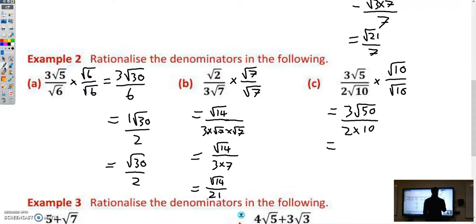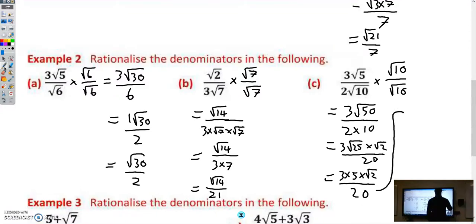We can simplify root 50. Root 50 is 3 times root 25, which is our square factor, times root 2, all over 20. Square root of 25 is 5, so we're going to have 3 times 5 times root 2 over 20. I'm just going to bring this up so that you can see it a little bit clearer.